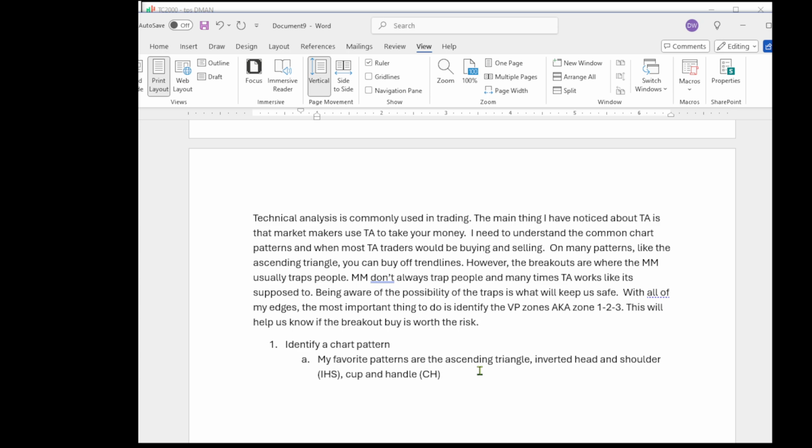Triangle, inverted head and shoulders, cup and handle, and the woodpecker. CTTM sheet, right, for the woodpecker pattern. Okay. Identify chart patterns. Anything else that we need to put in there?